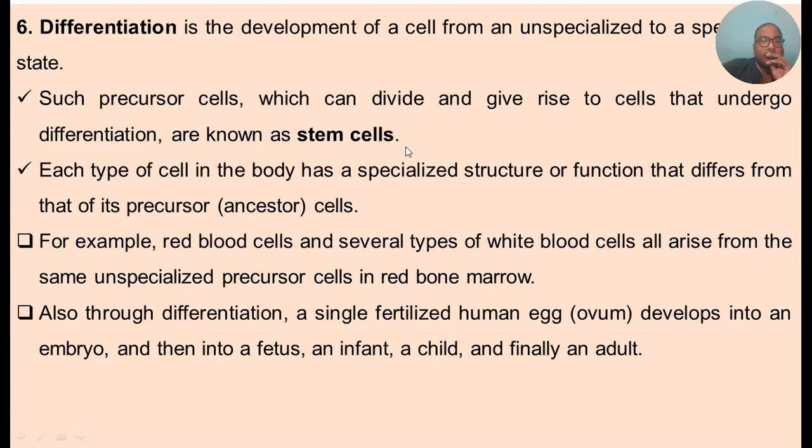And whenever they get specialized, they get a specific function. Like the liver cell is specialized for the function of synthesis of bile. Red blood cells are specialized to carry oxygen and carbon dioxide.